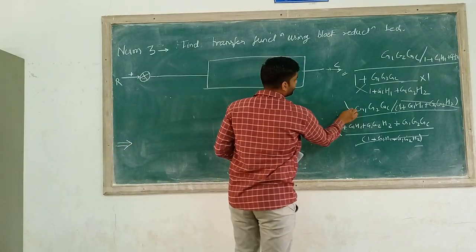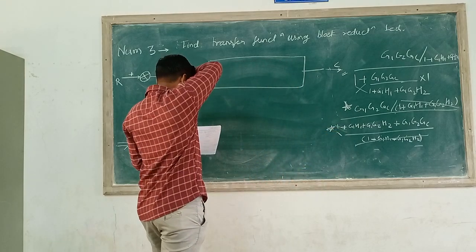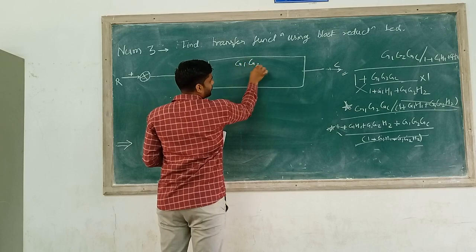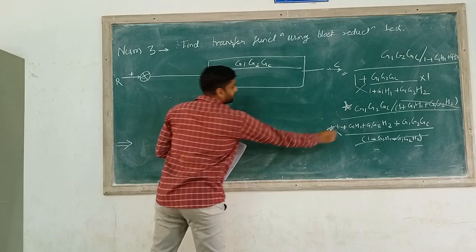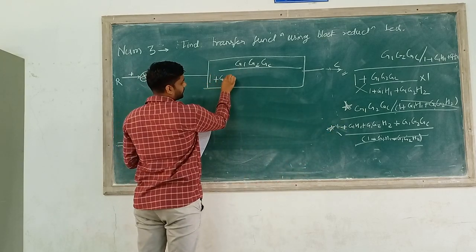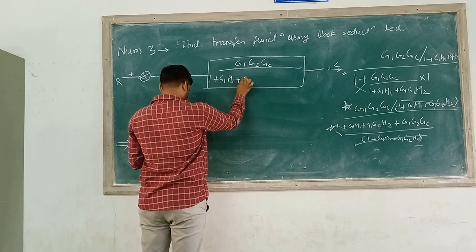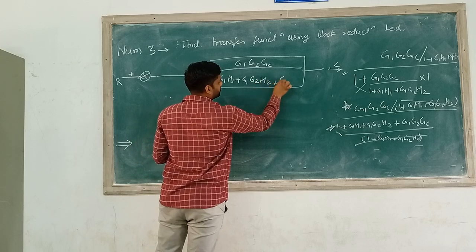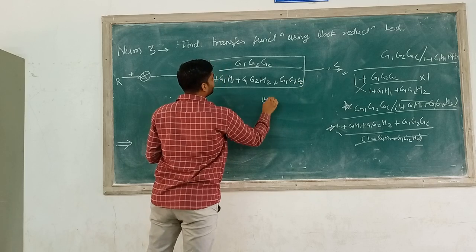So this term and this term are related. So the value is G1, G2, G of C upon this 1 plus G1 H1 plus G1 G2 H2 plus G1 G2 G of C, and this is the answer.